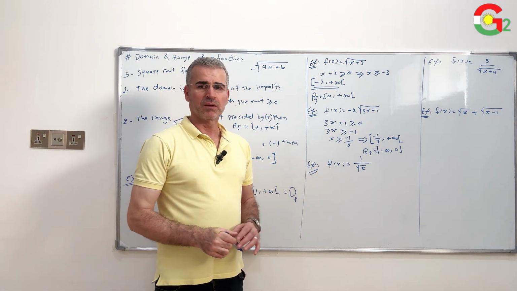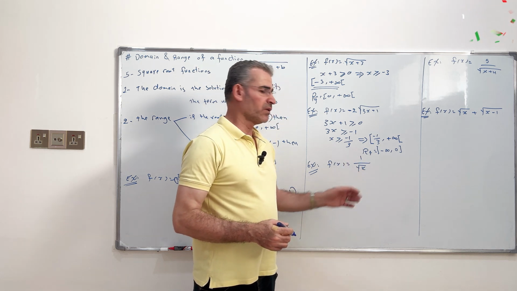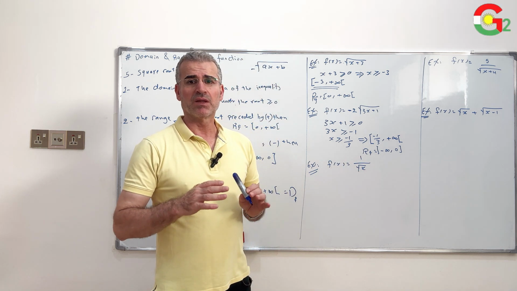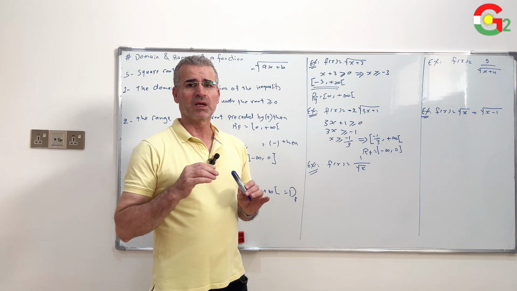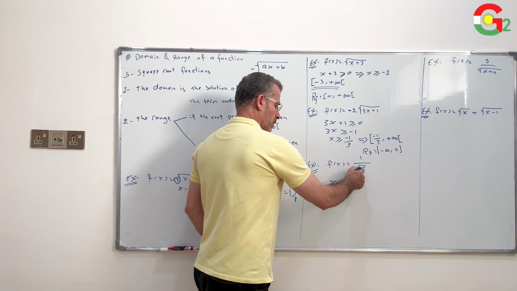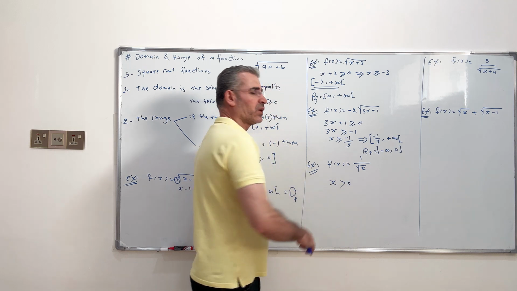Example, find the domain and range of this function, f of x equals 1 over square root x. If the square root is in the denominator, then we solve the inequality. The term under the root must be only greater than 0, not equal.